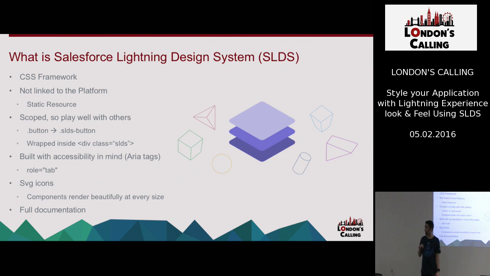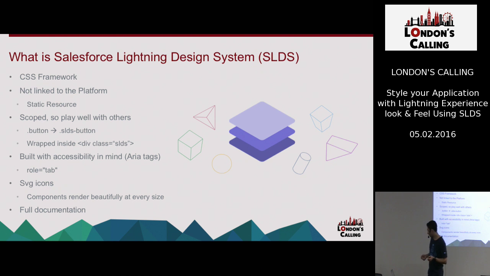Something I learned when I tried SLDS for the first time is about ARIA tags. I didn't know what it was. It's that everything is built so that it will be compatible with every accessibility tool. So, for example, if we create a tab component, well, it's just div and technical HTML, but the accessibility tool doesn't know that this div is supposed to be a tab.